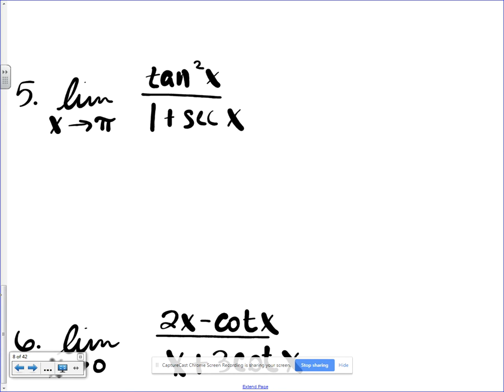Easier way though, look at your sheet. Do you see an identity that has tangent and secant in it? Yes, you do. Can you read that identity to me? You said +1 on this side?